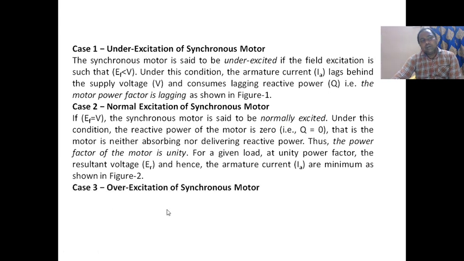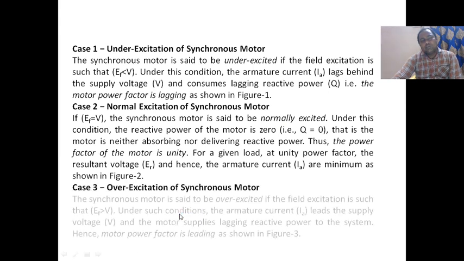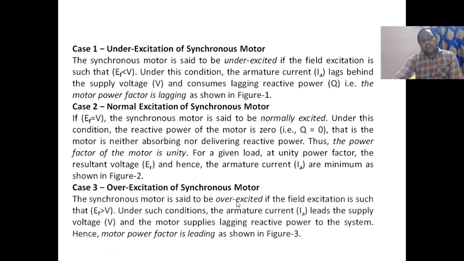In case 3, over excitation of synchronous motor, the synchronous motor is said to be over excited if the field excitation is such that EF is greater than V. Under such condition, the armature current IA leads the supply voltage and the motor supplies lagging reactive power to the system. Hence the motor power factor is leading.